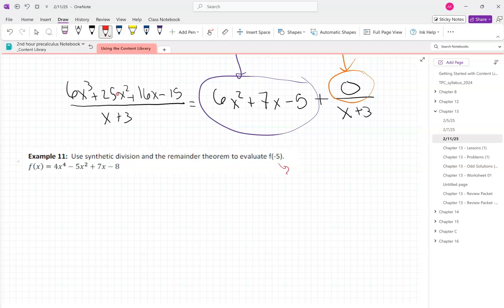So I remember that this is the same as the remainder for f of x divided by x minus -5. So I'm just going to set up my synthetic division to find the remainder.